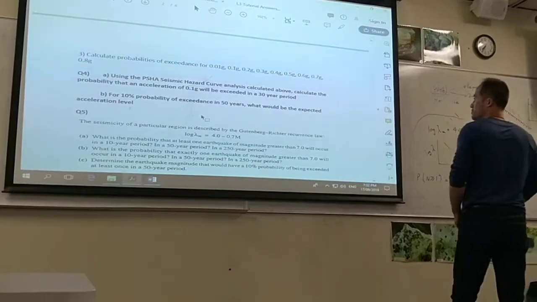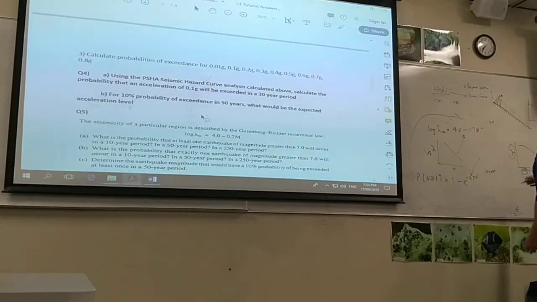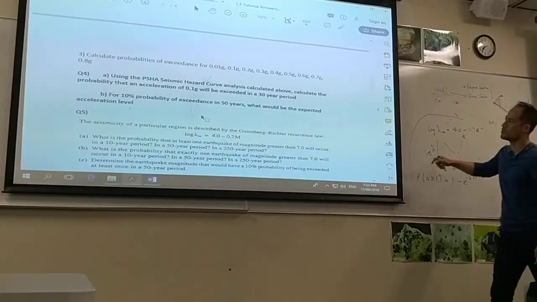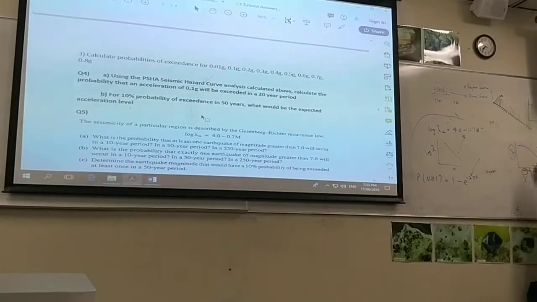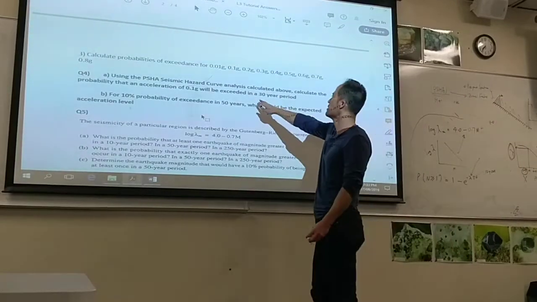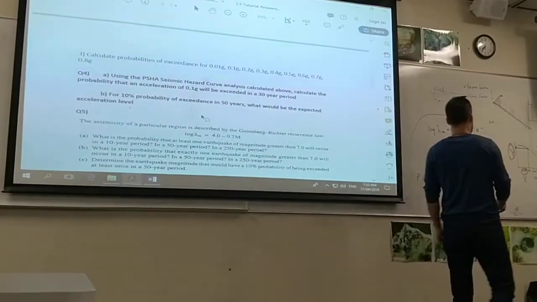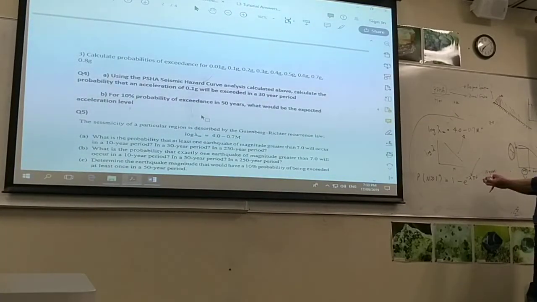So in that case, I've got a seismic hazard curve like this, and I want to calculate the probability that an acceleration of 0.1 g will be exceeded. For 0.1 g, I'd come up on my curve here, get my annual exceedance probability, and then it will be exceeded in a 30-year period. Exceeded means that we're interested in all occurrences except when there are 0 occurrences.